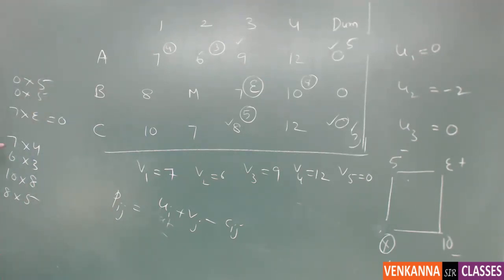Total 1, 2, 3, 4, 5, 6, 7 allocations are there. The answer is nothing but 166. Accepted now. So the degeneracy is removed. I think it clarifies your doubt.